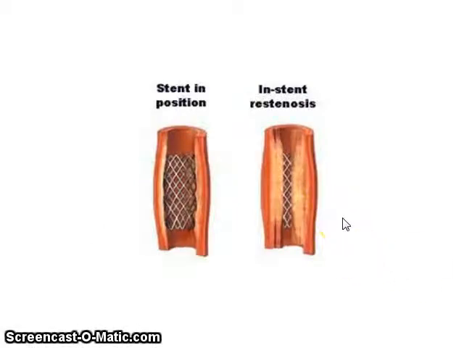The other thing we deal with in the cath lab is what's called intimal hyperplasia. The intima is the inner lining of a blood vessel, and hyperplasia means overgrowth. So it's an overgrowth that occurs on the intima of a blood vessel.